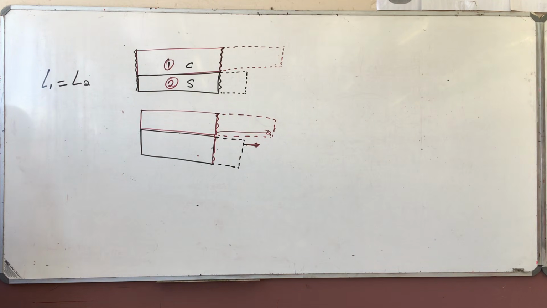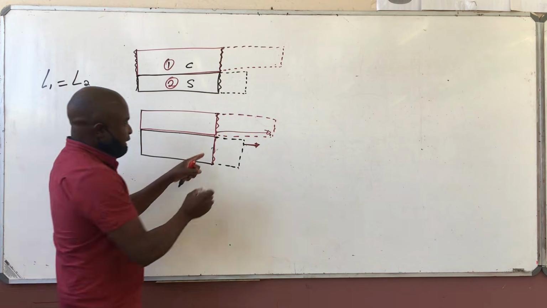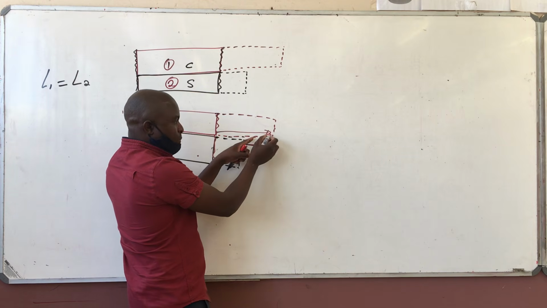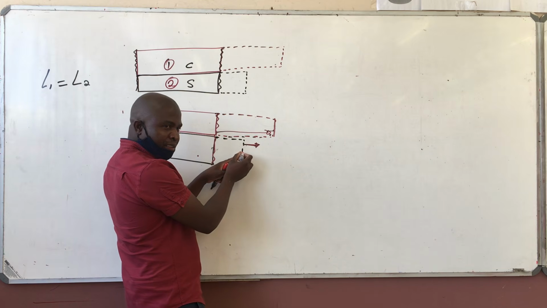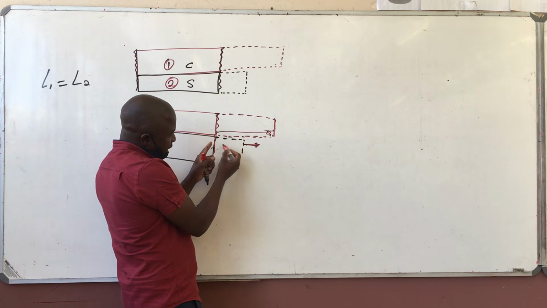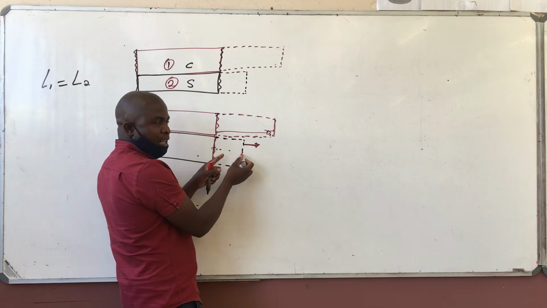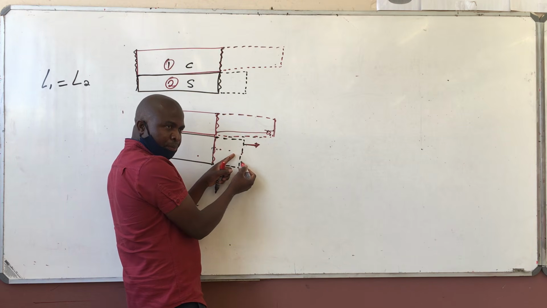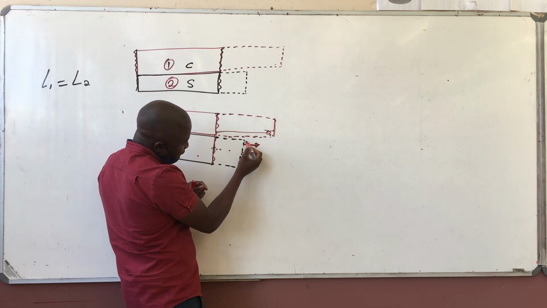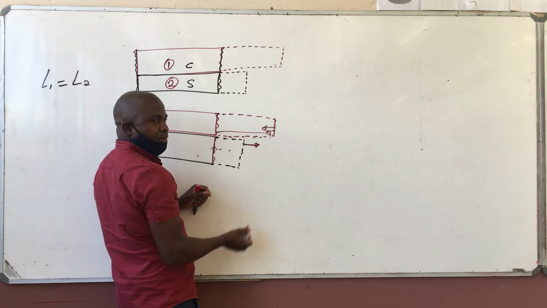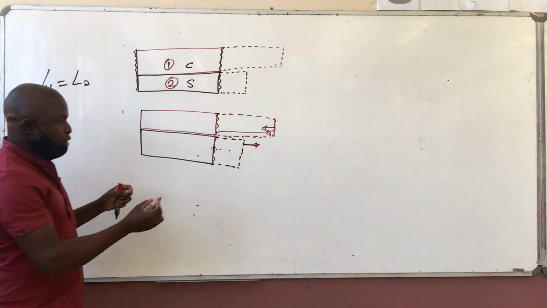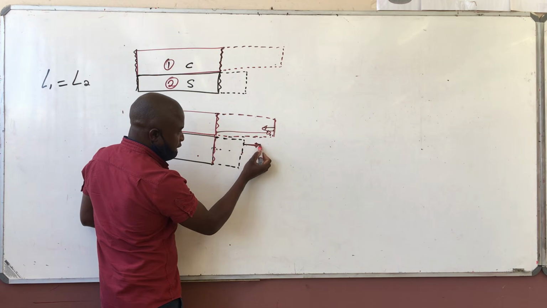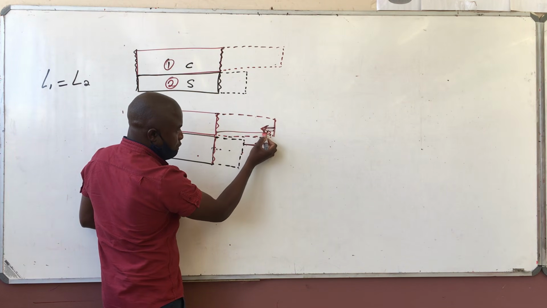You understand that one? So this one, as it's trying to expand to this position, because the other has finished its expansion here due to temperature, it will also try to pull this one backwards. Meaning all in all, this one is being pulled in this direction, this one is being pulled backwards.